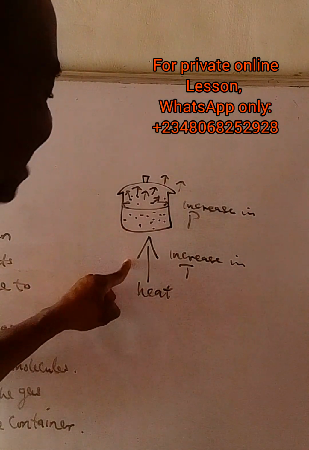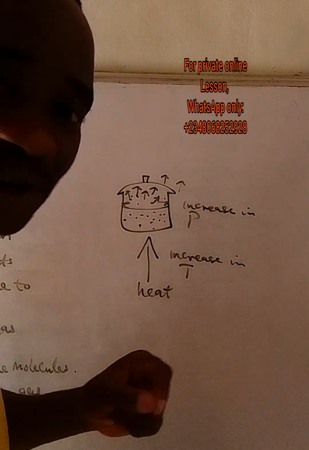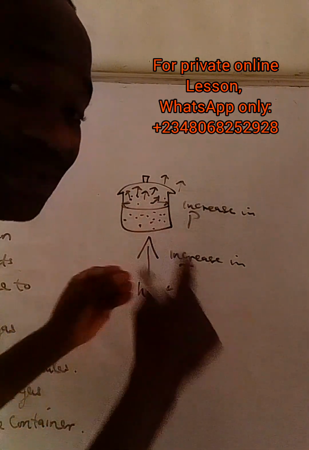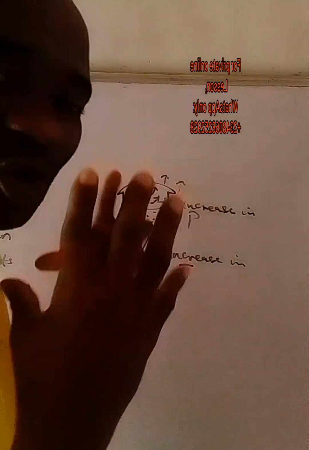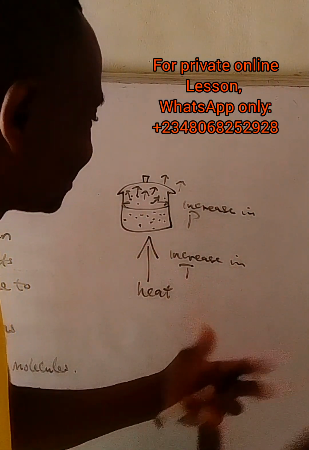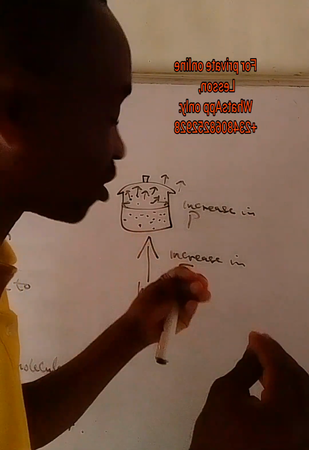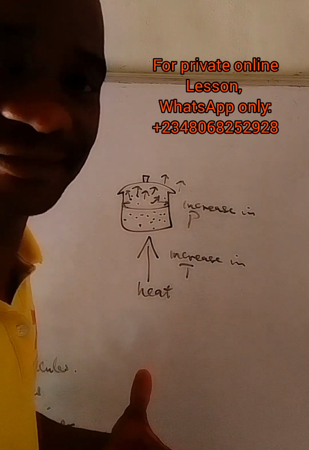And that is why at a very high temperature, the cover starts shaking, because the vapor themselves want to escape. The kinetic energy is on top gear and the random movement there has increased, so the collision among themselves and with the walls of the container has increased.